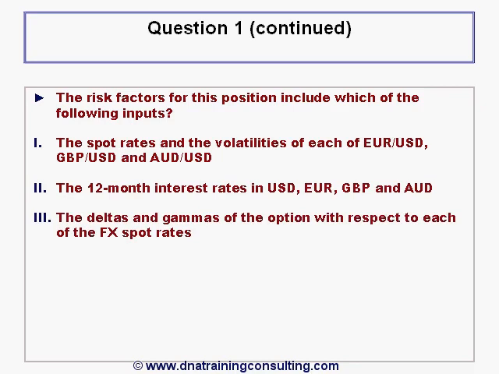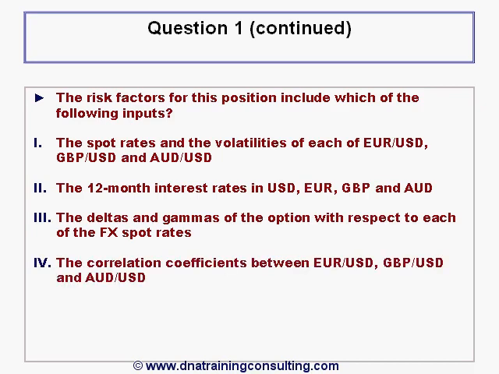Roman 3, the deltas and gammas of the option with respect to each of the FX spot rates. Roman 4, the correlation coefficients between Euro dollar, Sterling dollar, and Aussie dollar. Here are the 4 permissible answers.